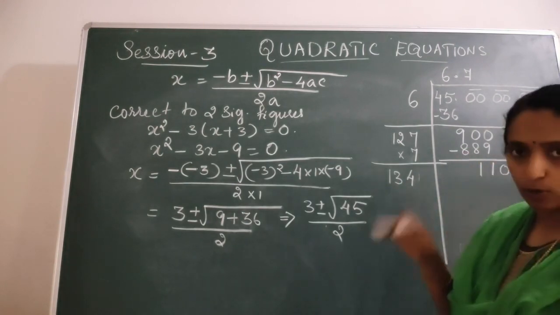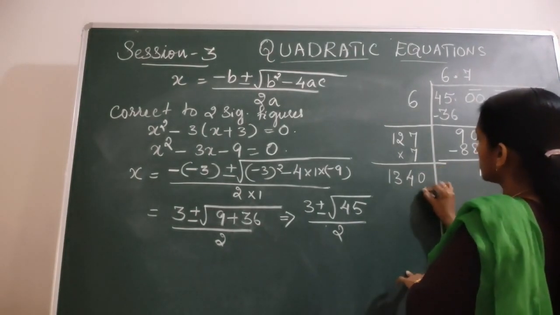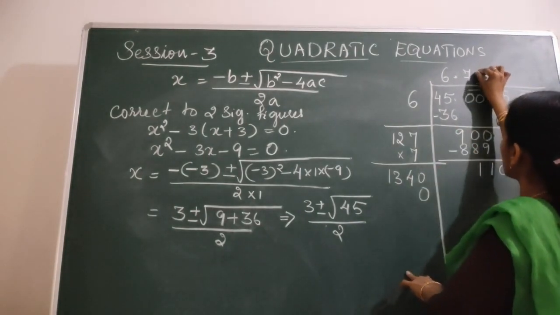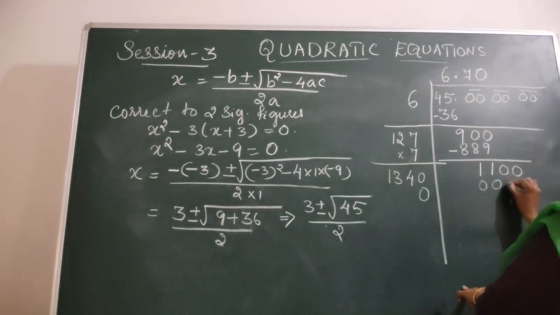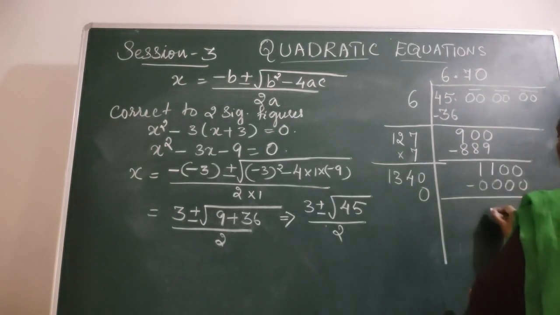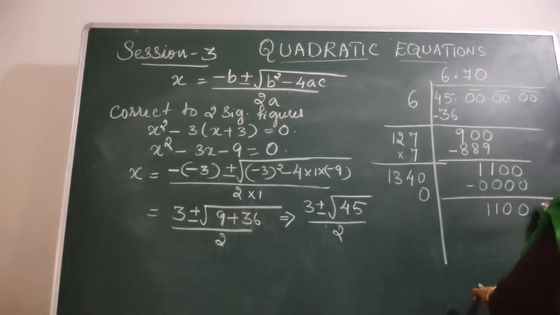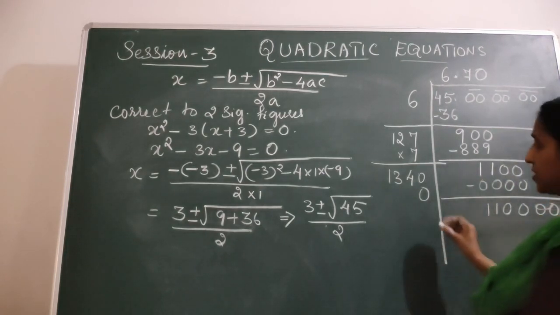So even 1 will not go with this. So you will multiply it with 0, and that 0 you will write here, and the answer comes as 0 only. So the next group, while writing this, you will get 1100 here as remainder, and 00. The next pair also you have to write here.